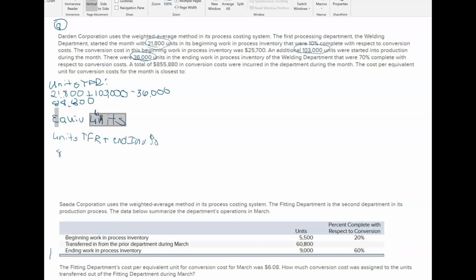The units transferred were 88,800, and in ending inventory we had 36,000. And those 36,000 were 70% complete. So we multiply that by 70%. The equivalent units were 114,000 units.